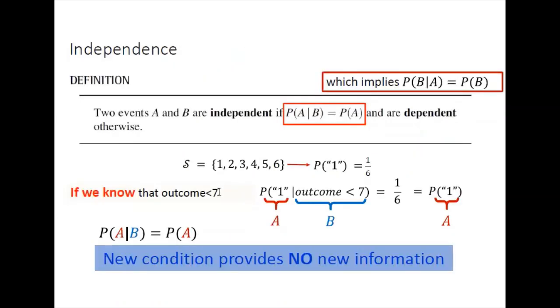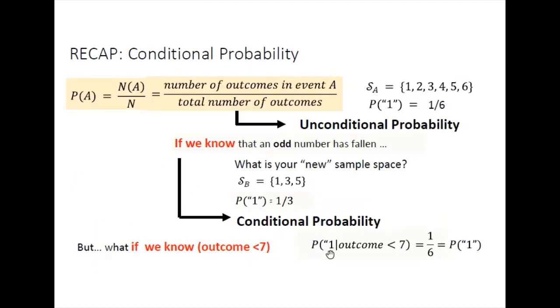Look at this definition. Two events A and B are independent if the probability of A given that B is equal to the probability of A, and are dependent otherwise. So the probability of 1 given that the observed outcome is less than 7 is equal to the probability of 1.